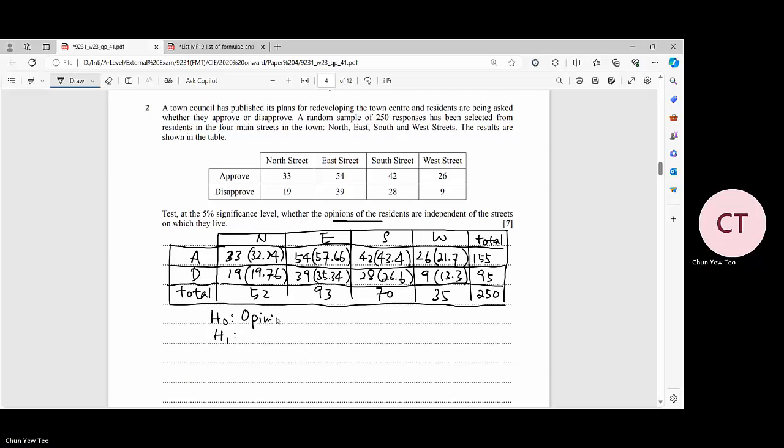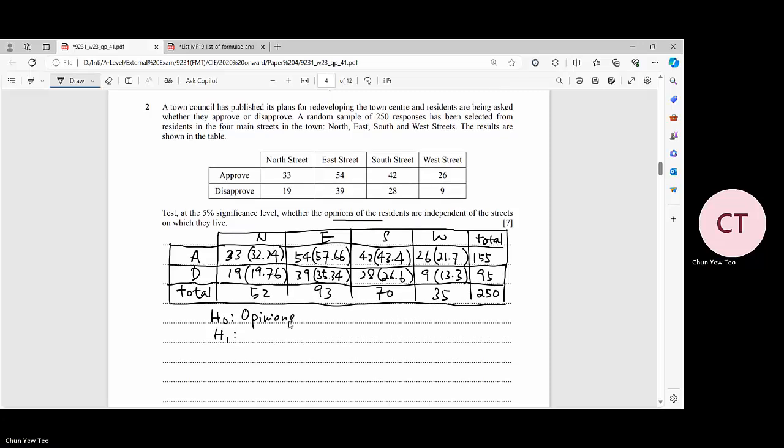Opinions of the residents are independent of the street on which they live.